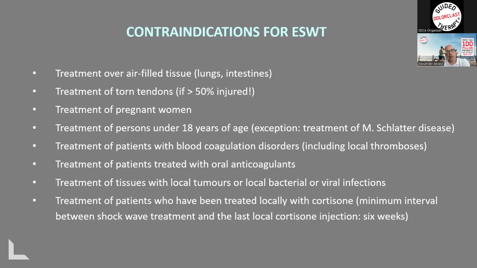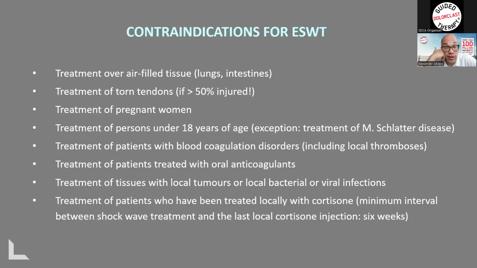Treatment of persons under the age of 18. Exception, treatment of Schlatter disease. This is an anatomic issue why we have this contraindication. We don't want to shoot or give energy at the growing zones of children. So epiphysis is an absolute contraindication because nobody knows what is happening in these areas, in the growing zones.